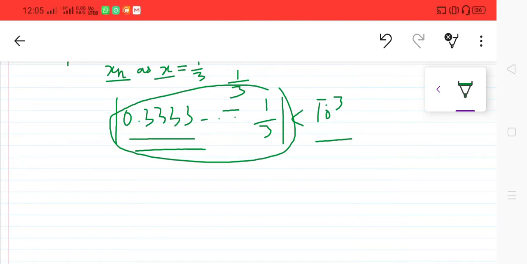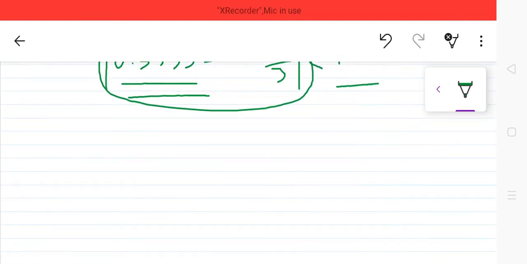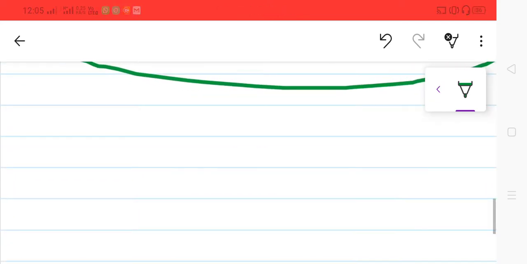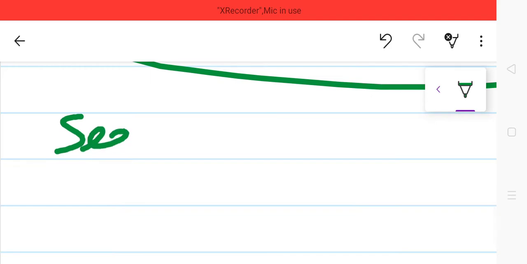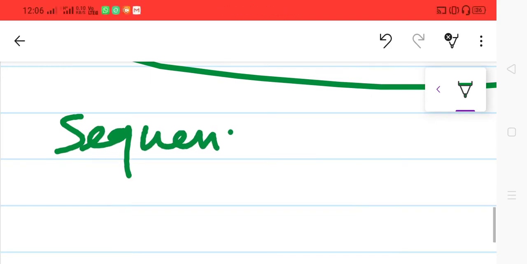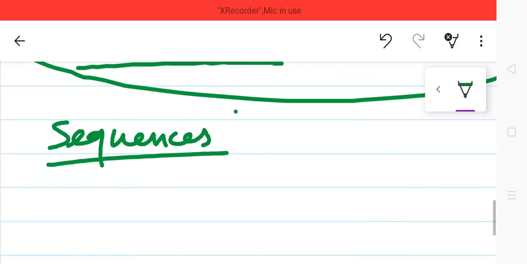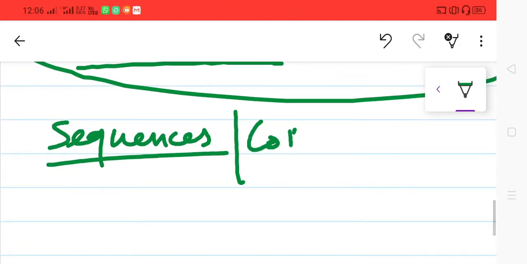So let's start with the main definition of sequences. I just used the word convergence.